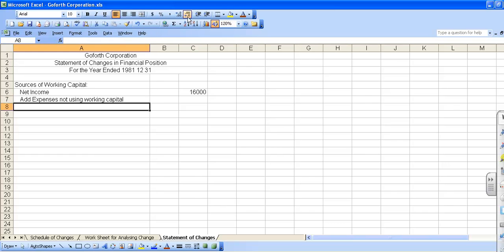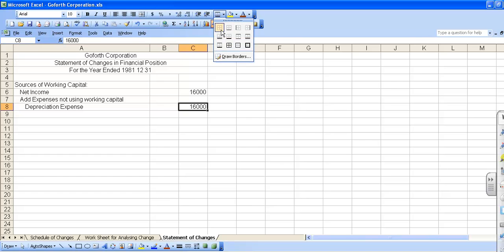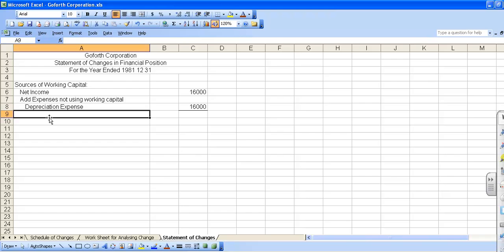That expense would be our depreciation expense, because there really is no money involved when we're dealing with depreciation expense. Once we add that, that is going to give us our working capital provided by operations. So we're going to add those two.